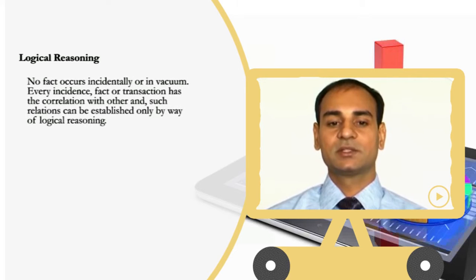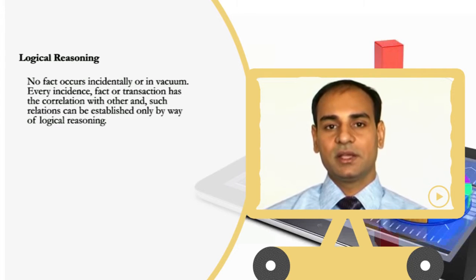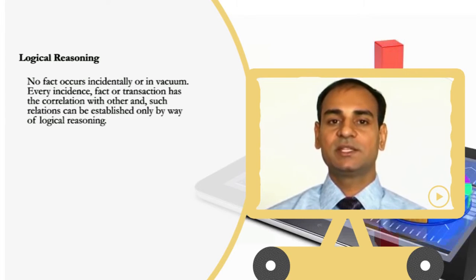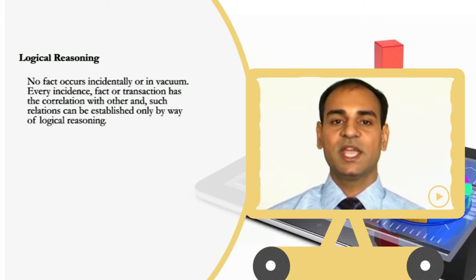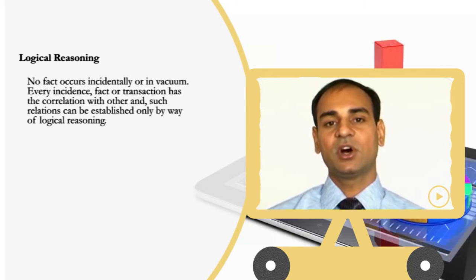Basically, no fact occurs incidentally or in a vacuum. Every fact has a concern with other facts. Any problem studied by the researcher for his research purpose, he should collect the data and information after analyzing the logical relationship of that information with the existing problem, theory or phenomena.